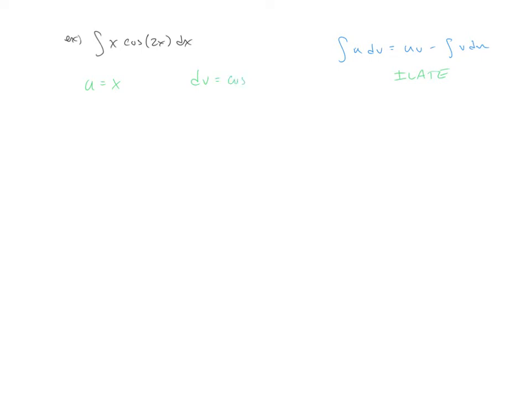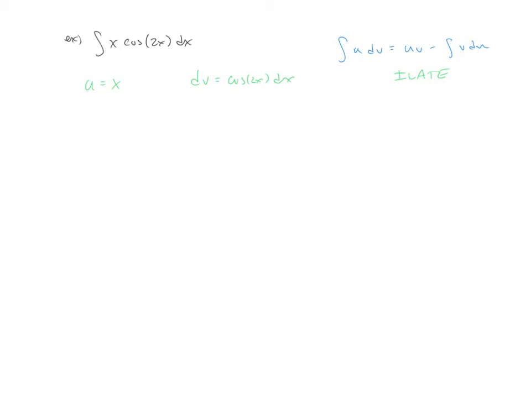So the cosine of 2x dx. So everything you see here has to be the u dv. We've separated in parts by the u and the dv being x and then cosine 2x dx. Okay? So now, if we want to take advantage of this formula, we're going to need u and we're going to need v. Well, to get v, we're going to need to integrate this guy. But we're also going to need du.